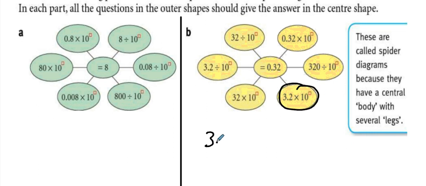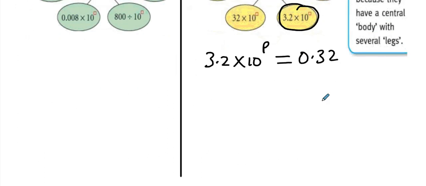So it is 3.2 times 10 to the power of unknown, say p, equals 0.32. Okay, this looks to be the same. Divide by 3.2. Nope, I guess this is the same thing.